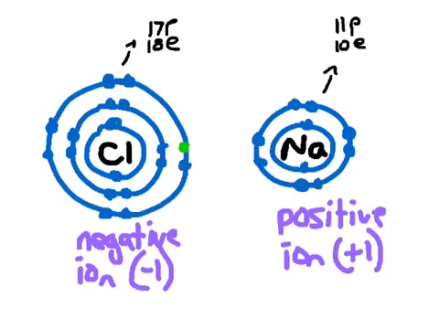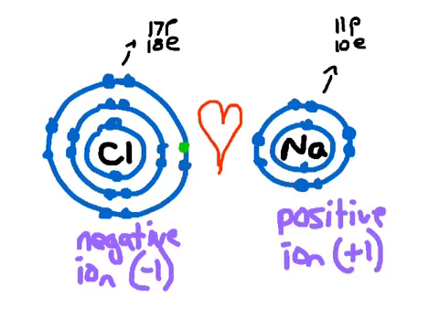Since chlorine has a -1 charge and sodium has a +1 charge, they love to hang out together now that they've done this deal. They just stick around each other because the negative is attracted to the positive, and they go on their little merry dance. And that is what we call an ionic bond.